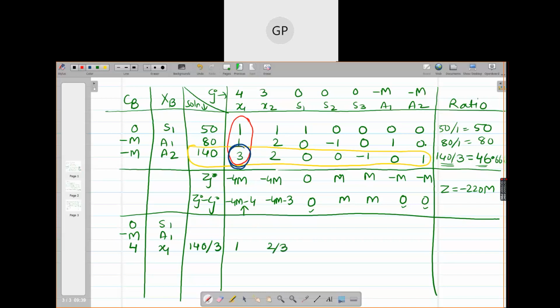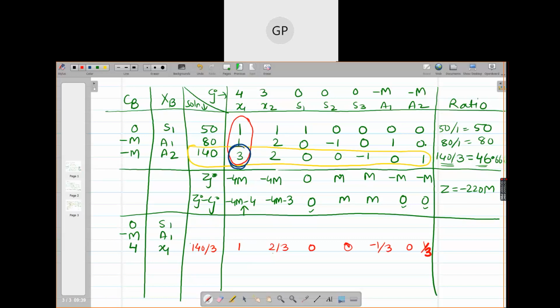So should I use a different color so that we can remember the new row? 140 divided by 3. This is 1, 2 by 3, 0, 0, minus 1 by 3, 0, 1 by 3.